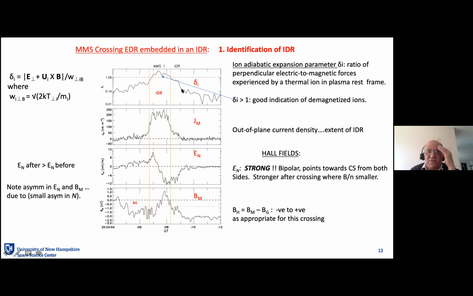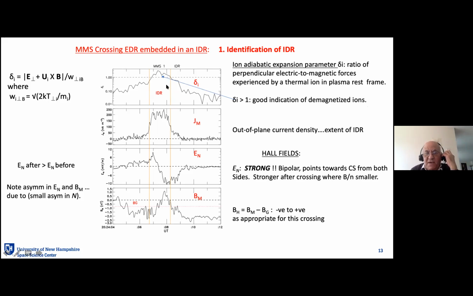In this adiabatic expansion parameter, which is the perpendicular electric to magnetic forces, when this is bigger than 1, this is a good indication of ions not being frozen in. So it gives us a rough idea of the extent of the IDR.